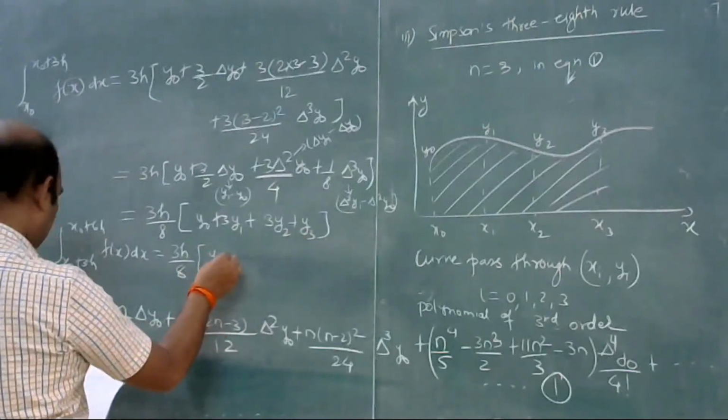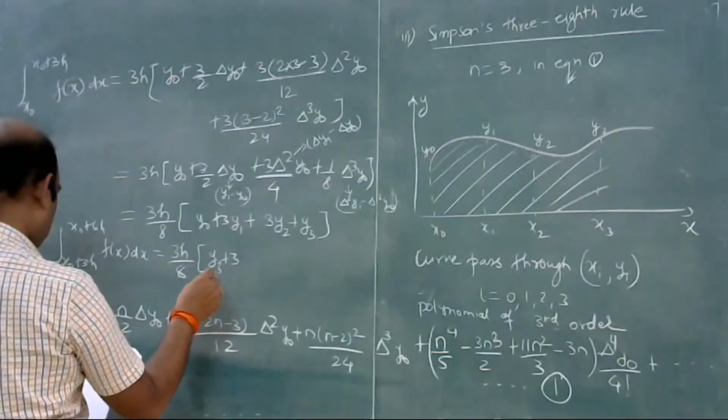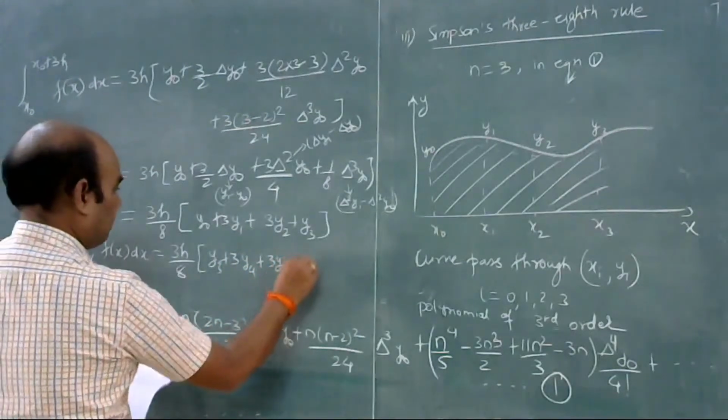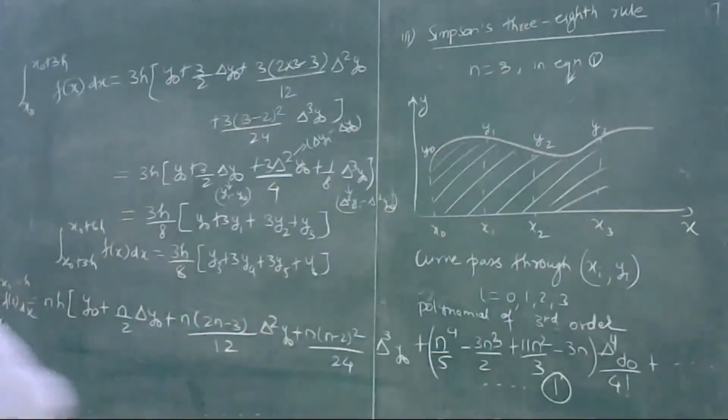So start with y3 plus 3y4 plus 3y5 and y6. Okay, so we can write it up to n terms.